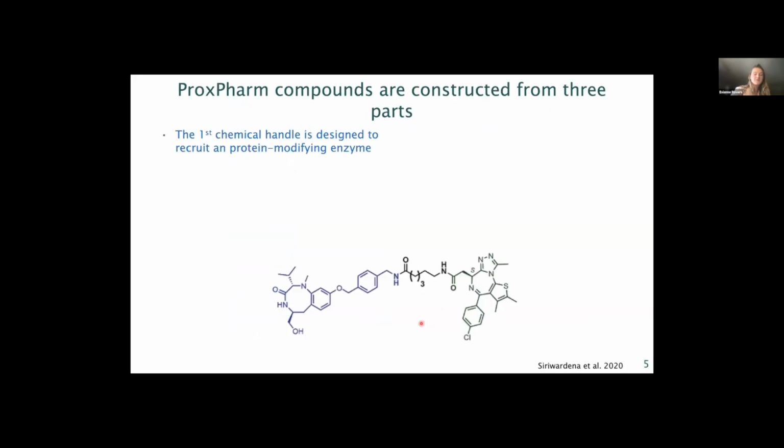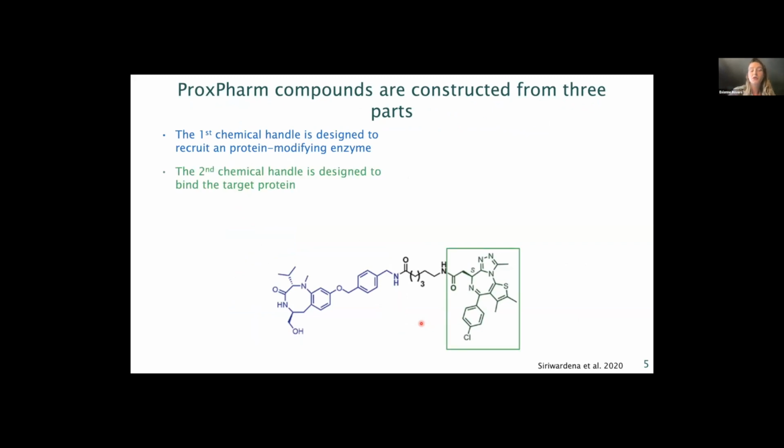An important part of these compounds, and an important part for the next session of my talk, is that these compounds consist of three parts. We have the chemical handle that's designed to recruit a protein modifying enzyme, and most of the time this is a starting point: a small molecule that we know binds this enzyme.